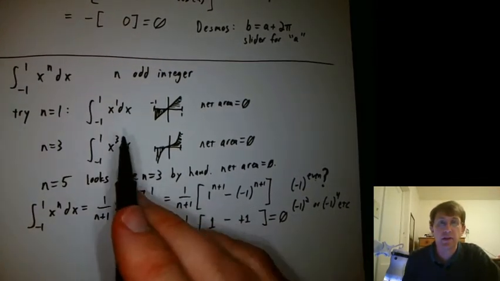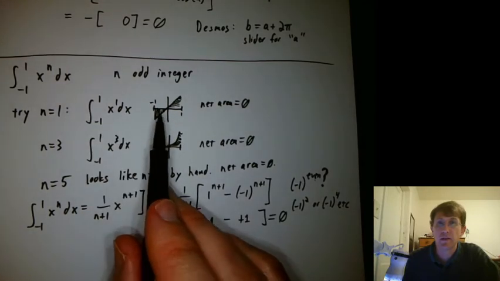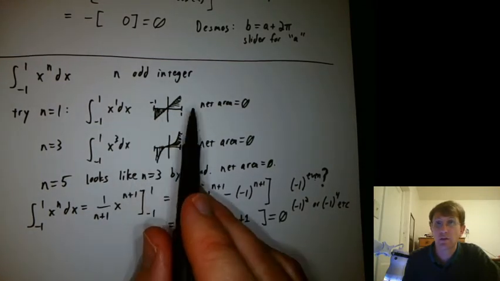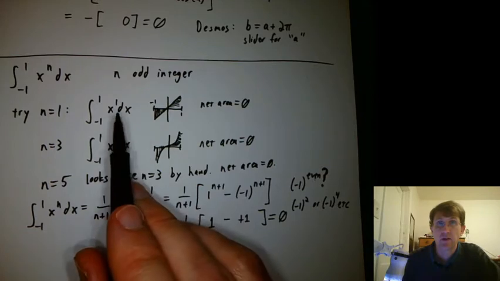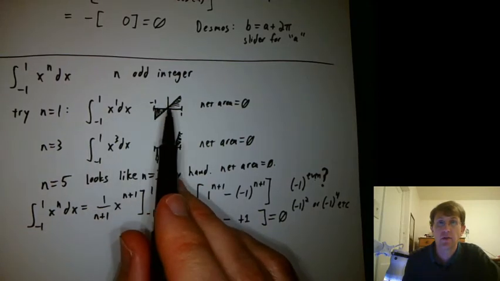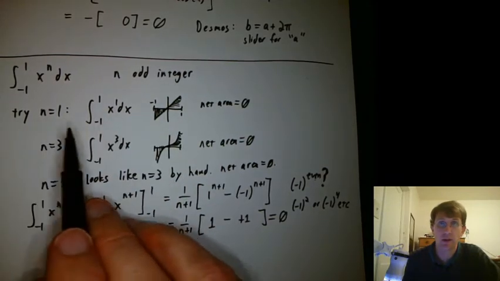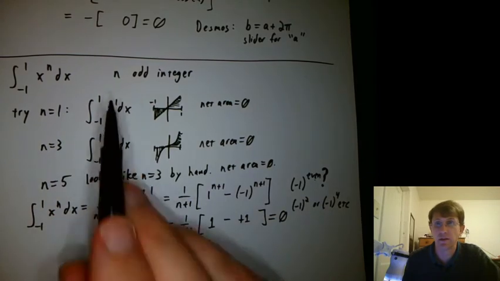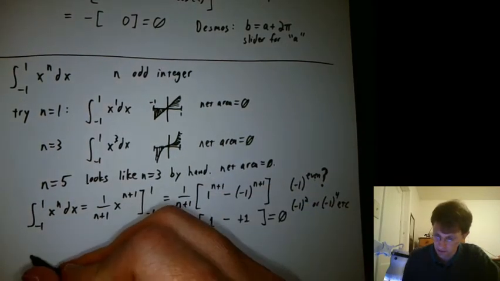So what this is hinting at is this function is symmetric around the origin. And if you're integrating a function symmetric around the origin symmetrically, from left negative something to positive that same thing, you could just say it's 0.